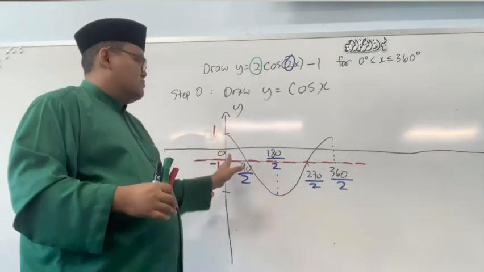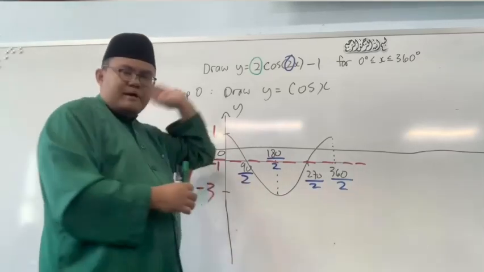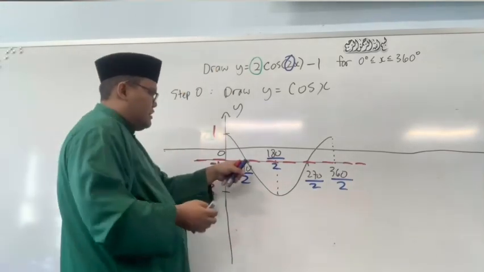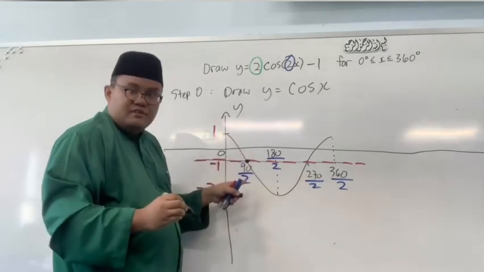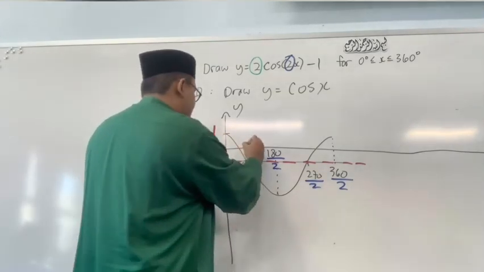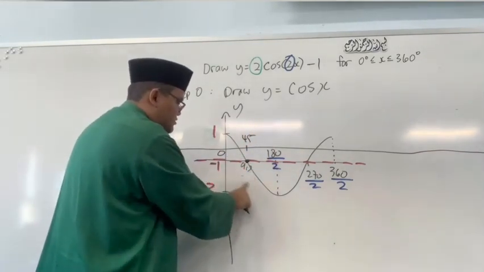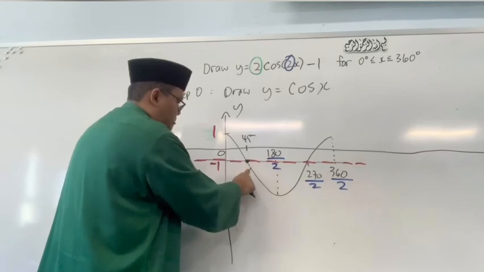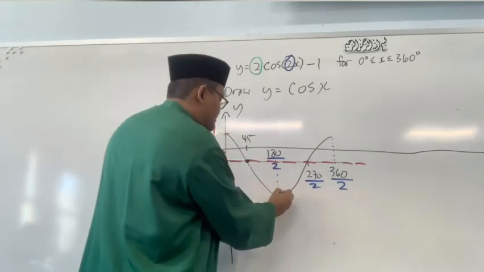Before that, all the angles must be on the x-axis. So bring them up to the x-axis. Okay? This point is 45. So label it here. This is 45. Okay, 90 over 2 is 45. So this one you erase. This one, 180 over 2 is 90.